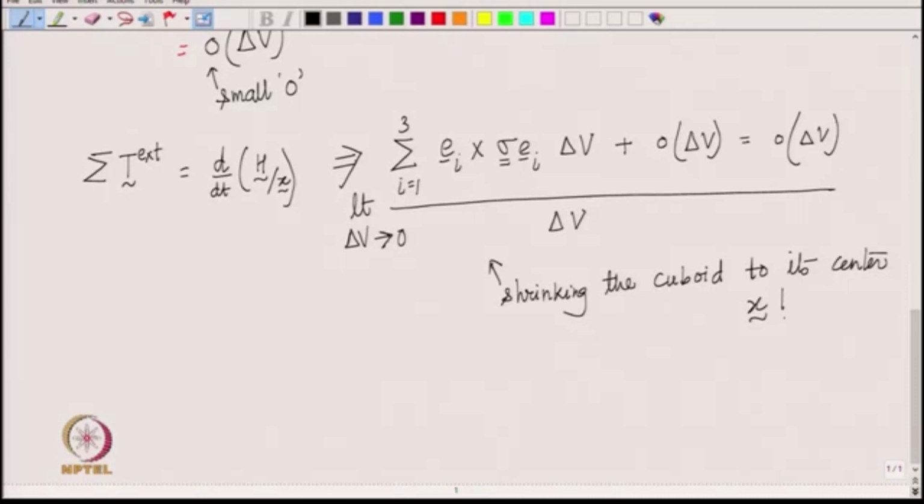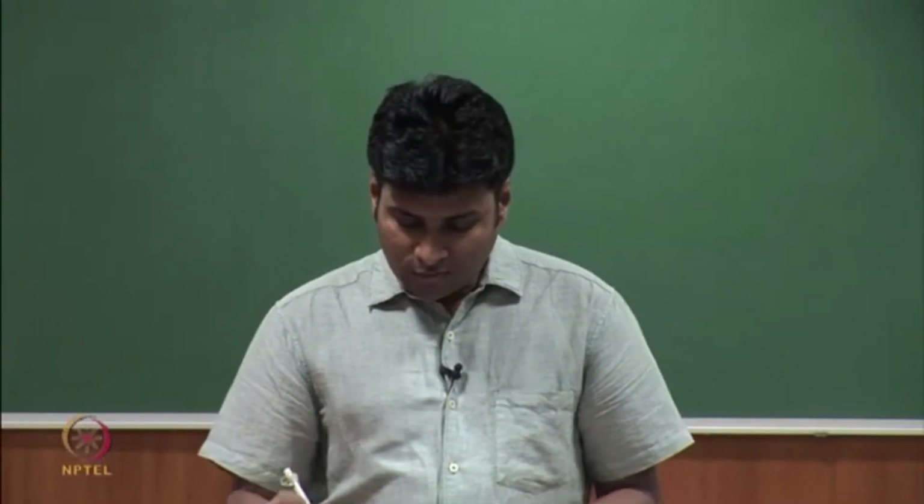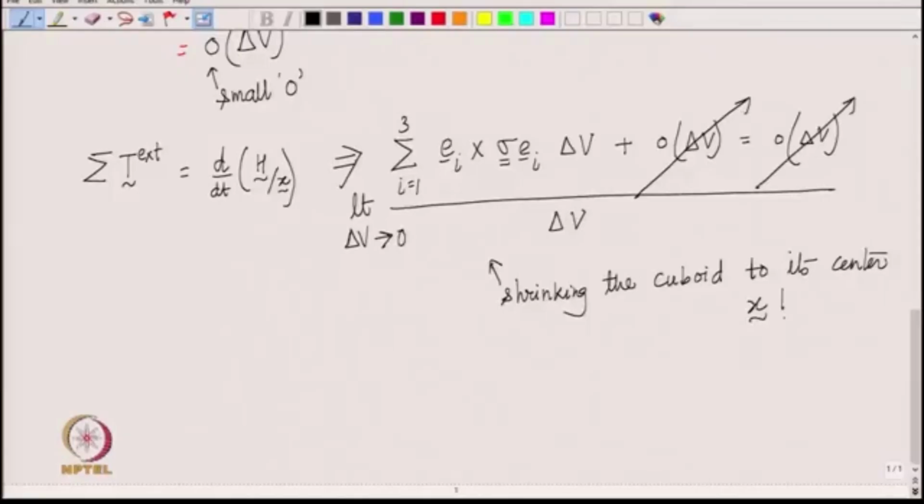Okay. So, what is going to happen in this limit? Small o delta V by definition goes to 0 faster. So, these terms go away, and finally, what is remaining is very simple, that summation of E I cross sigma E I is equal to 0. Okay.